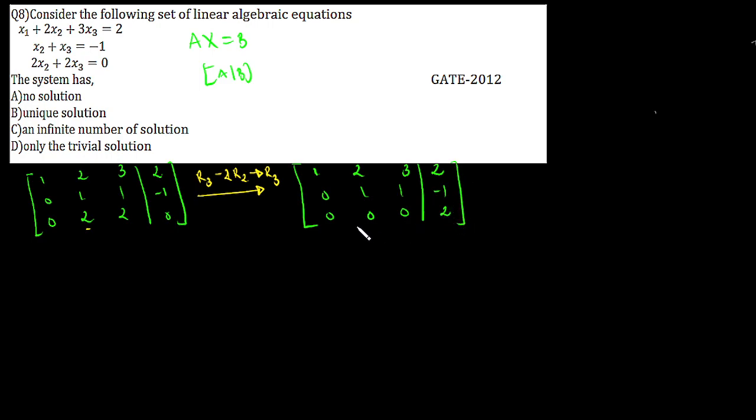Now one may say the rank of the coefficient matrix here is 2, the number of linearly independent rows or columns.